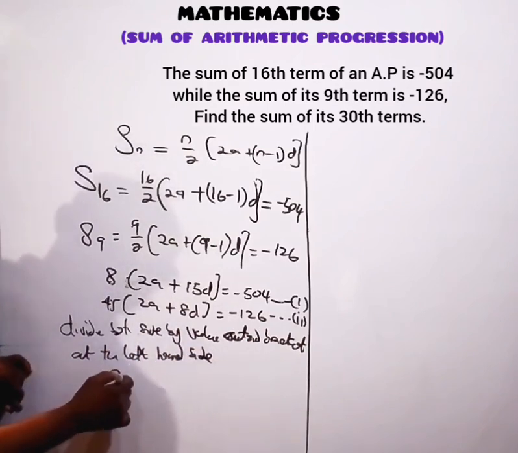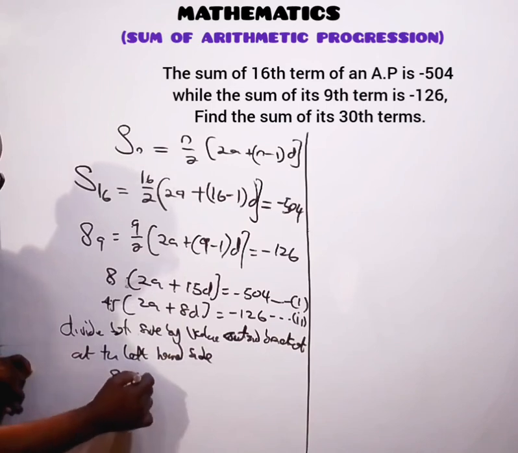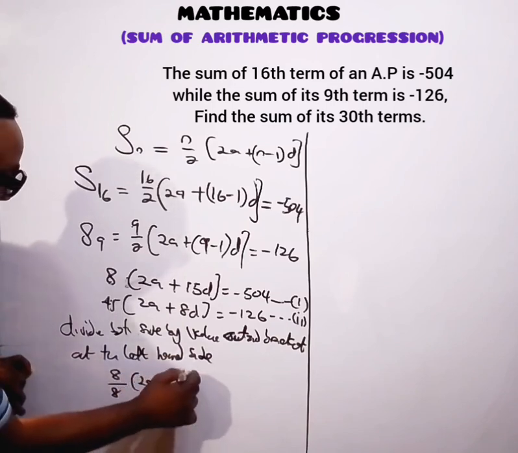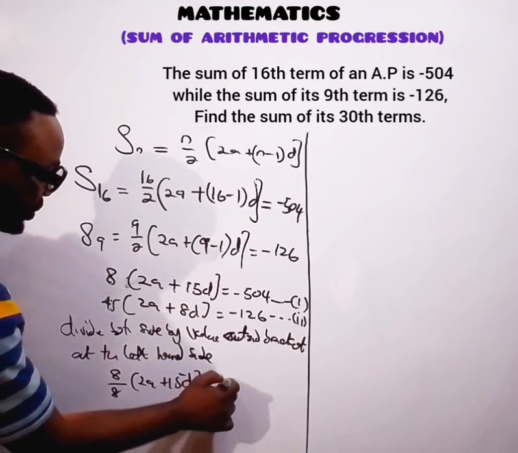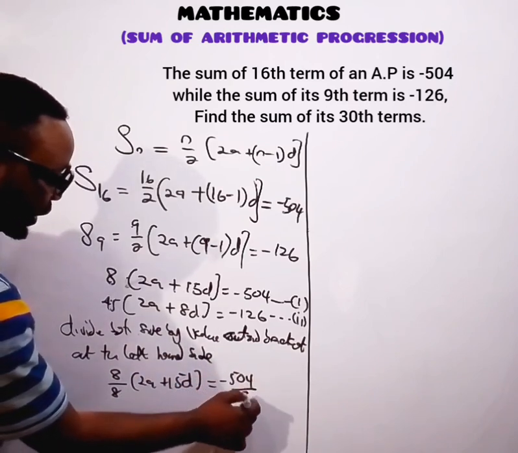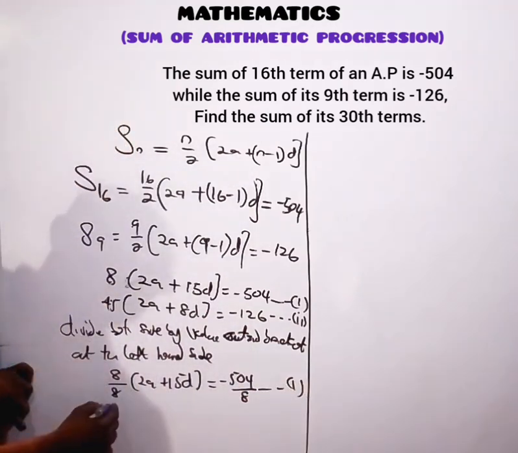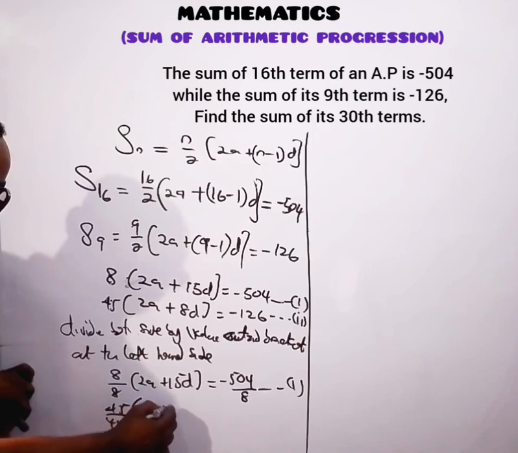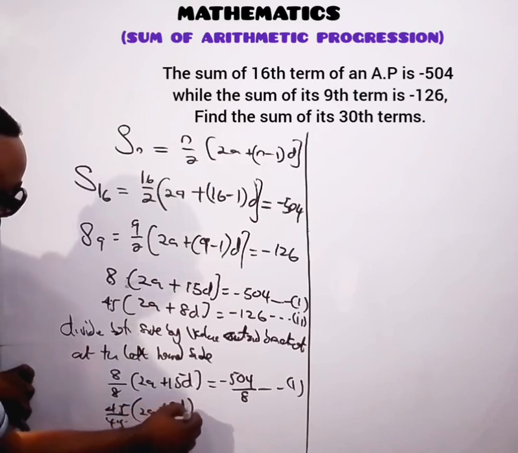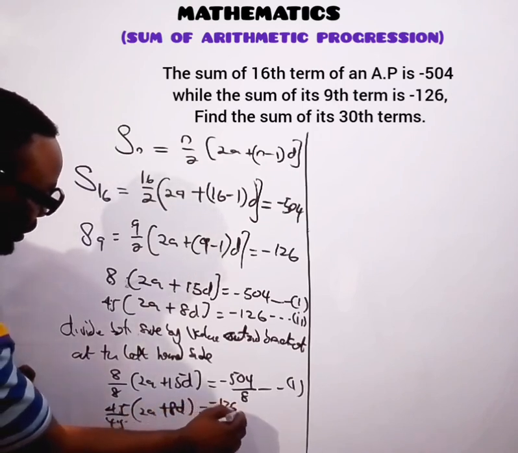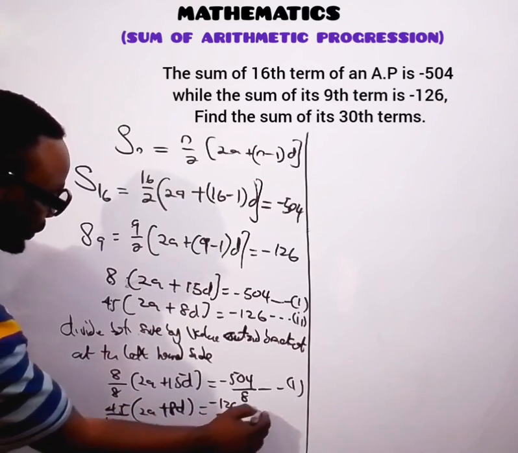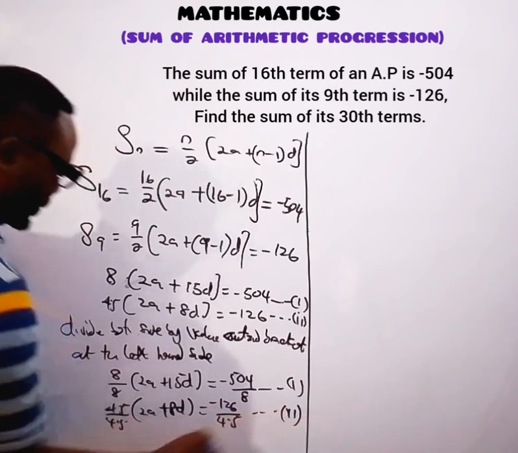So we have 8 over 8 times the bracket 2a plus 15d is equal to minus 504 over 8. That is for equation 1. Then you have 4.5 over 4.5 times the bracket 2a plus 8d is equal to minus 126 all over 4.5. This is equation 2.